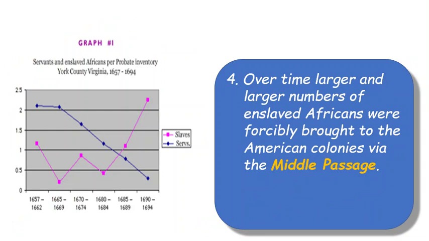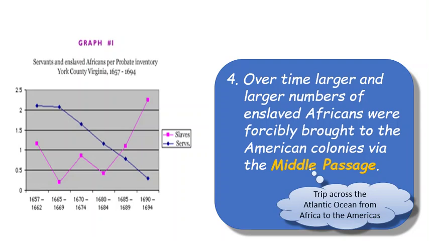Over time, though, indentured servitude really starts to become less of a source of labor on the plantations, and a larger number of enslaved Africans are forcibly taken from their homes in Africa and brought across the Atlantic Ocean in what's known as the Middle Passage. Okay, and this was the trip across the Atlantic Ocean by boat from Africa to the Americas.